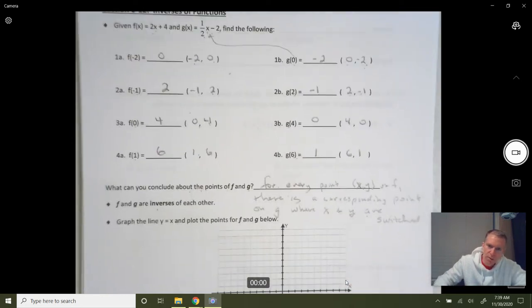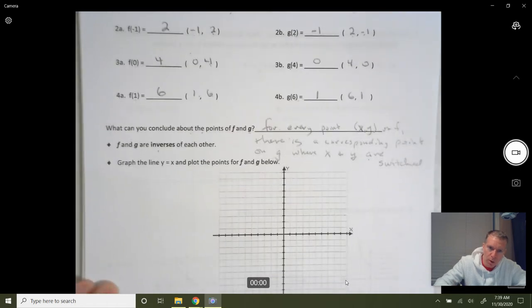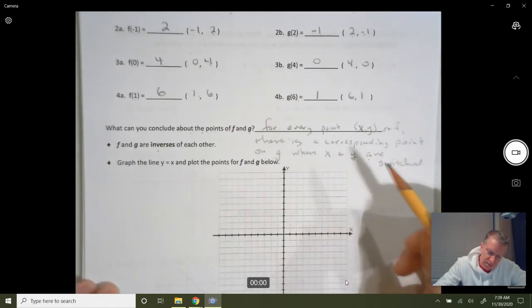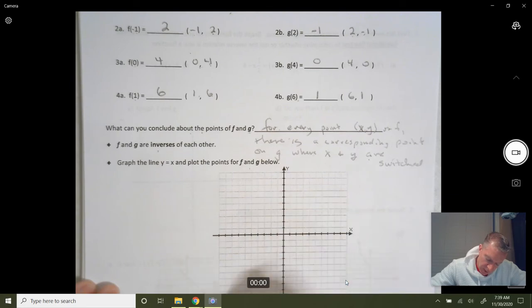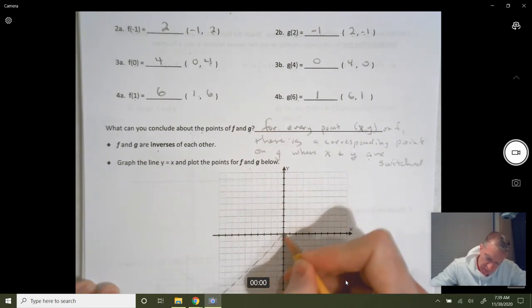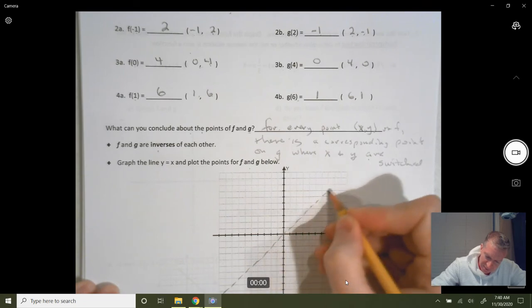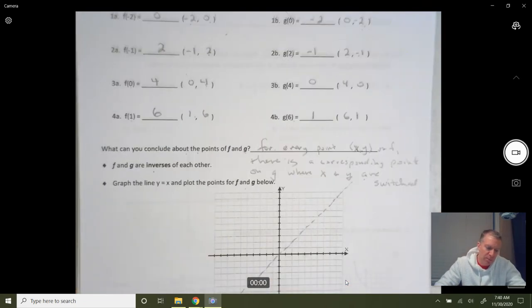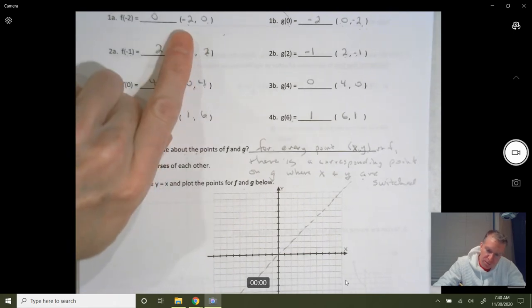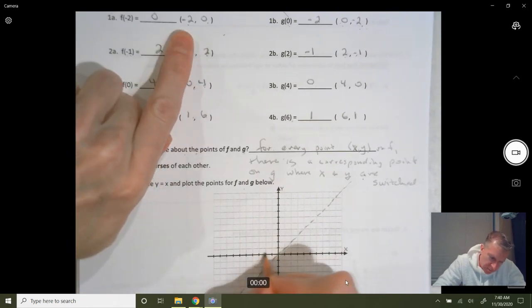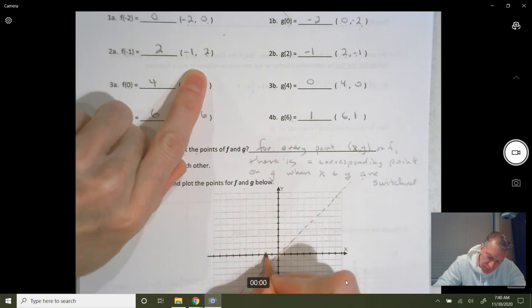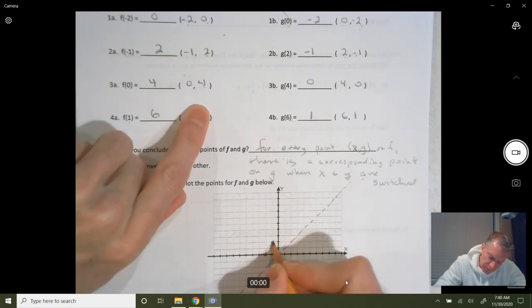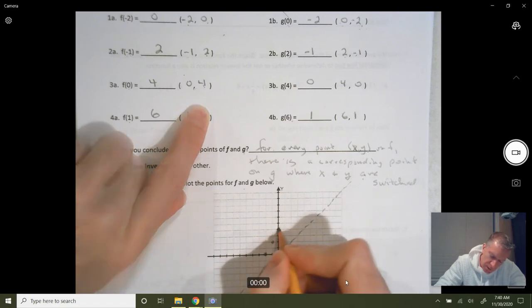Okay, so we're going to graph the line y equals x on here, and we're going to take a look at something. I'm just going to graph a dotted line here because this line's not part of our function. And now I'm going to plot these 8 points up above. I'm going to plot f, so -2, 0, -1, 2, 0, 4, and 1, 6.